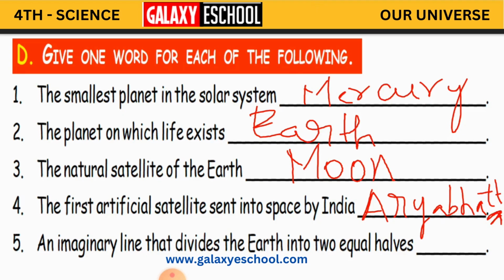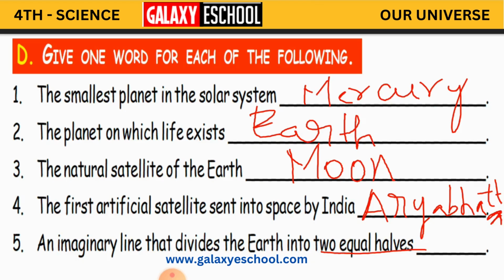And the fifth one is an imaginary line that divides the earth into two equal halves. We have another imaginary line, children, on the earth, which divides the earth into two equal halves: the northern hemisphere, the upper part, and the southern hemisphere, the lower part.